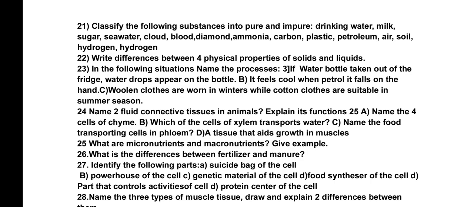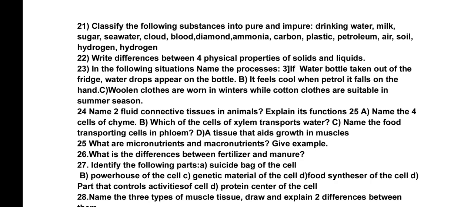Sea water is an impure substance because it has lots of salts dissolved in water. Cloud is an impure substance because it is in a colloidal state. Blood is an impure substance. Diamond can be a pure substance because it is the allotropic form of carbon, which is an element.